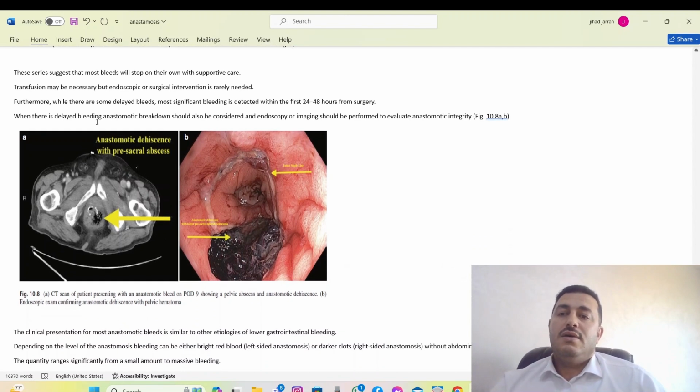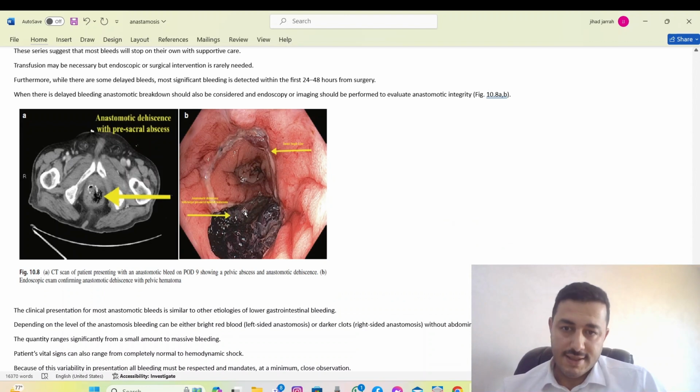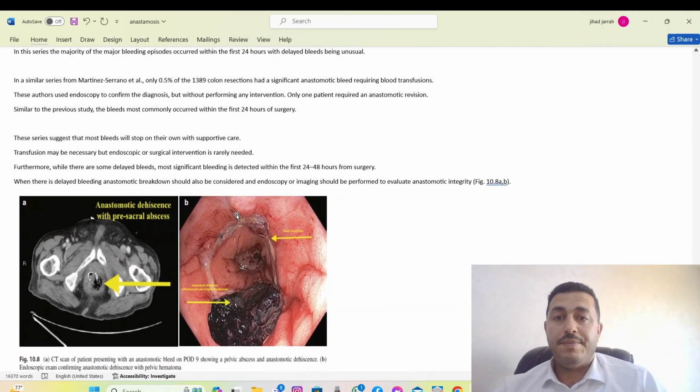And of course, endoscopy is easier to perform if the bleeding is from the anastomosis on the left side. Yes, we can detect bleeding from an anastomosis on the right side, but the anastomosis on the left side is more accessible. So this plays a role in making our decision. You can see here the bleeding from the anastomosis picked up endoscopically.